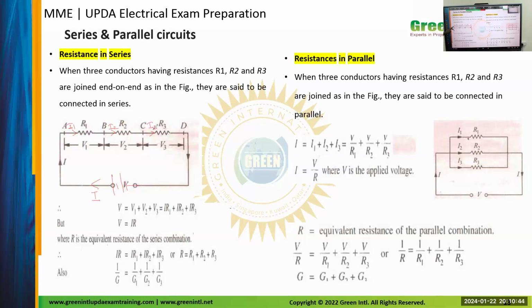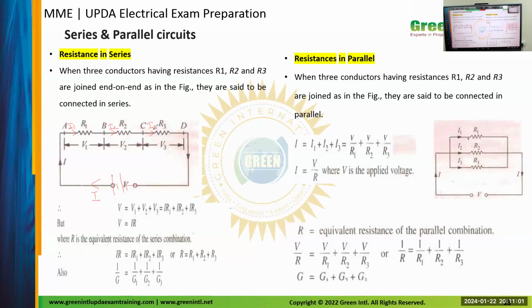So the voltage drop is I1 into R1, that is V1 across R1, V2 across R2, and V3 across R3. Now we know Ohm's law and Kirchhoff's voltage law. By Ohm's law we get V1, V2, V3.